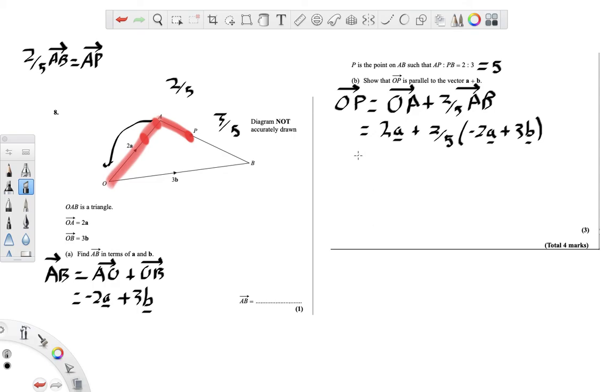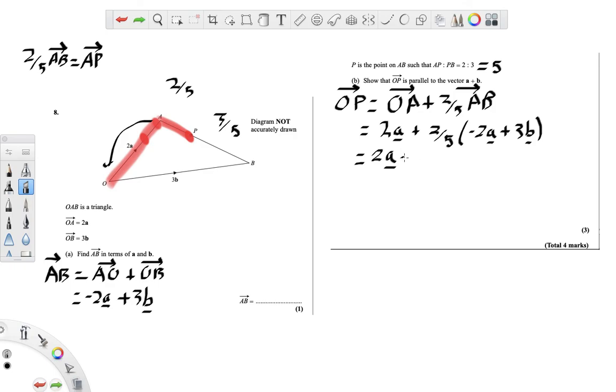So now we've just got to tidy this up, and then we'll look at the statement. So we've got 2A plus 2/5 times minus 2A. Well, that actually isn't going to be a plus, is it? That will be a negative.